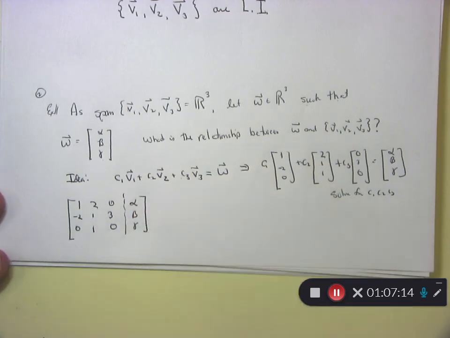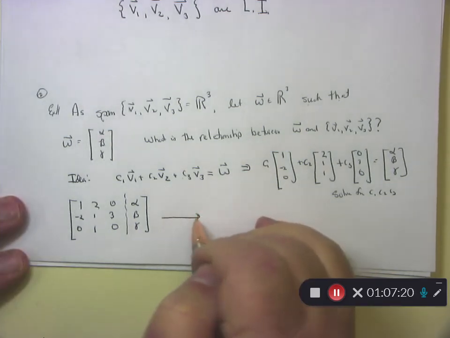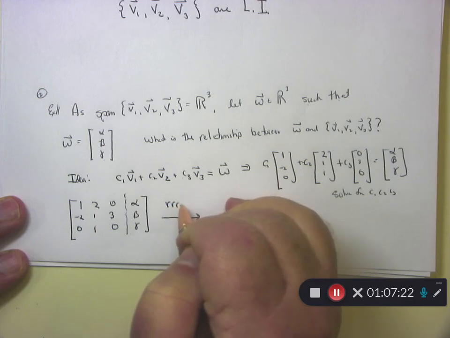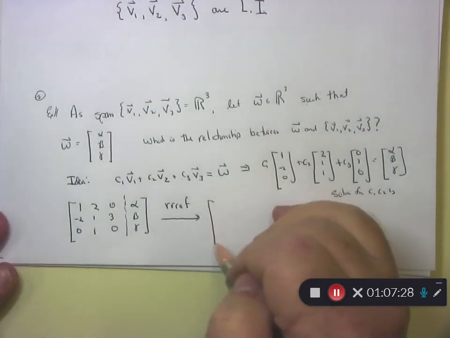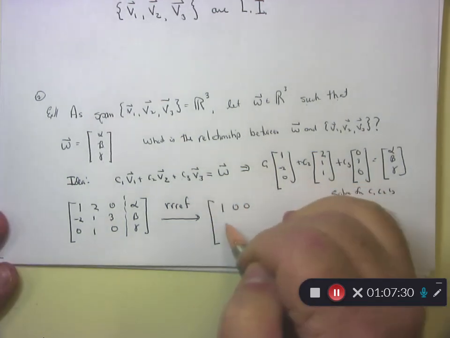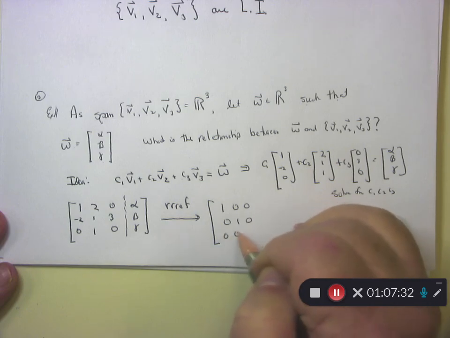Now, with alpha, beta, gamma, your calculator is pretty much useless at this point. What do I need to do? I want to do RREF. You with me? And if I do RREF, I'm going to get this: 1, 0, 0, 0, 1, 0, 0, 0, 1.